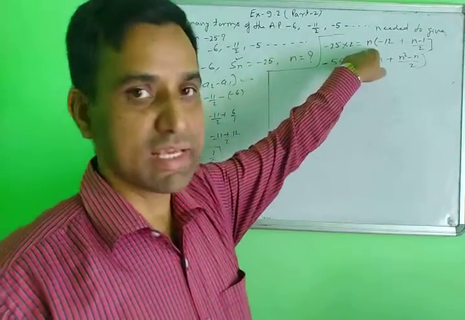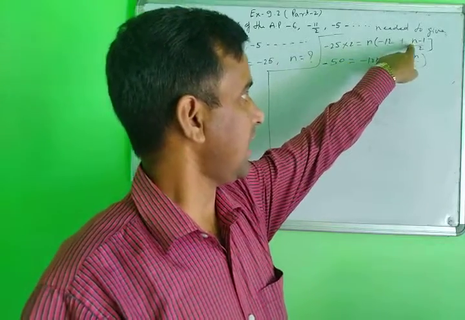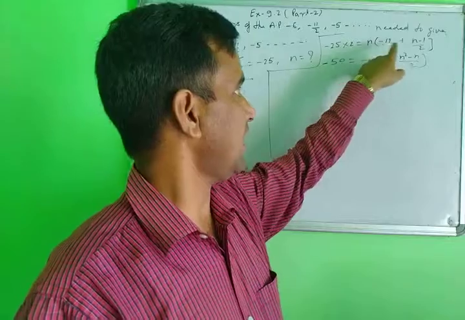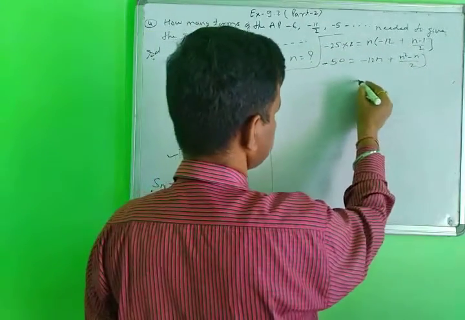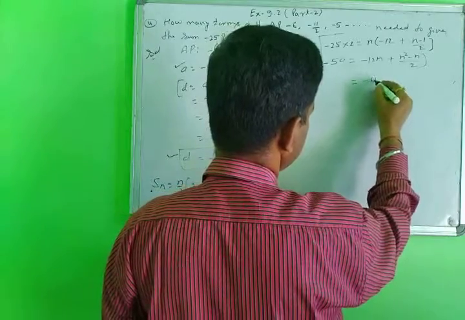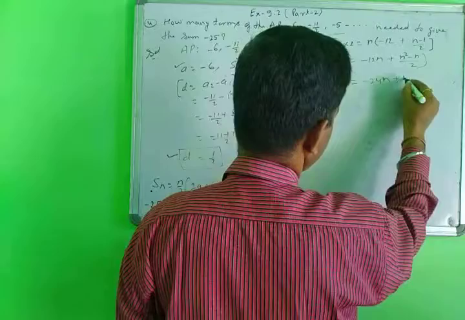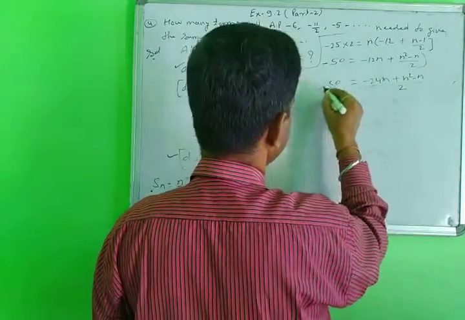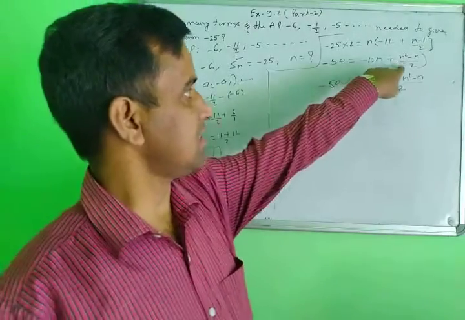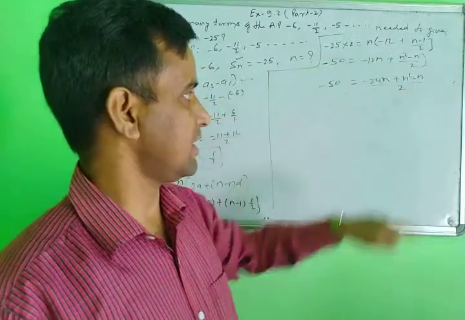Multiply n inside: minus 12n, n into n square, and n upon 2. Then taking LCM, minus 12 and 12 to the 24, minus 24n plus n square minus n upon 2. This one is 50. Again taking LCM in both terms, 12 to the 24 and n square minus n.